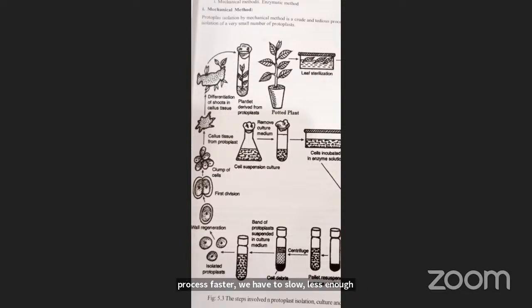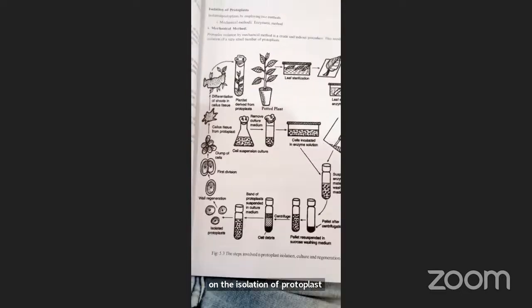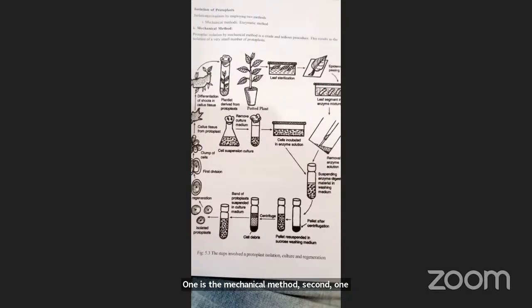Now for the isolation of protoplast, there are two methods to obtain protoplast. One is the mechanical method, the second is the enzymatic method.